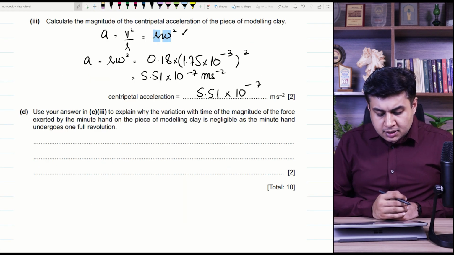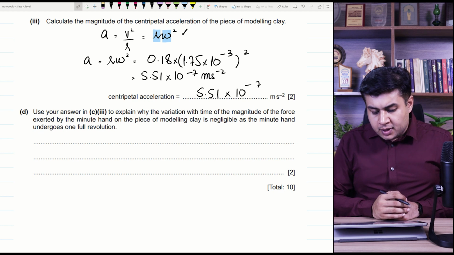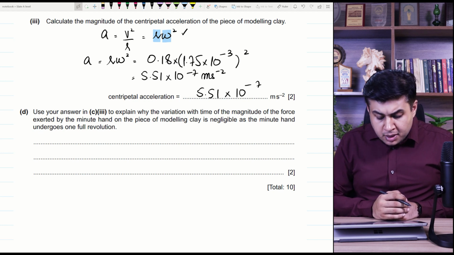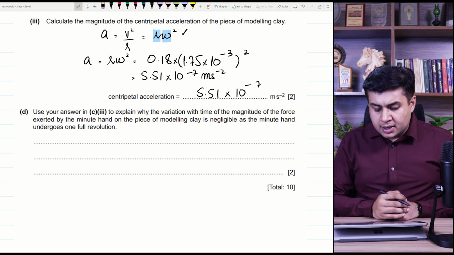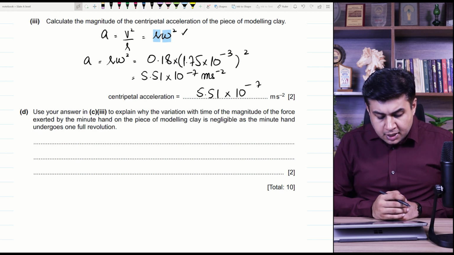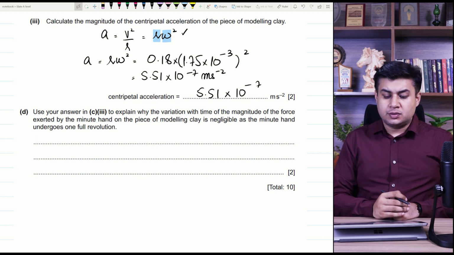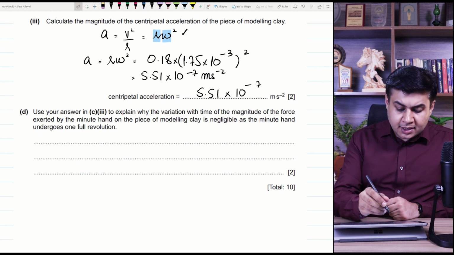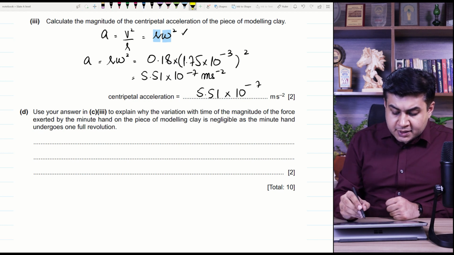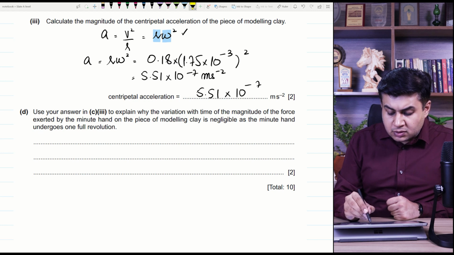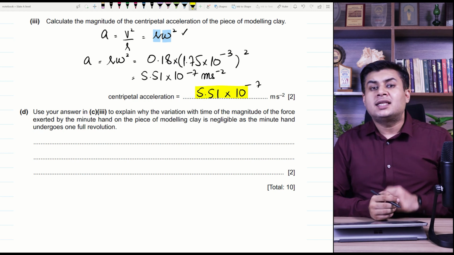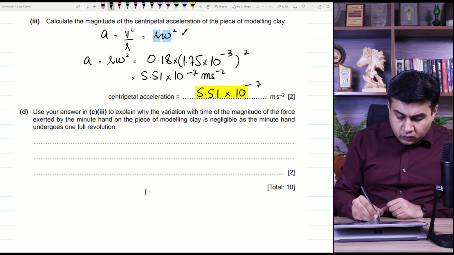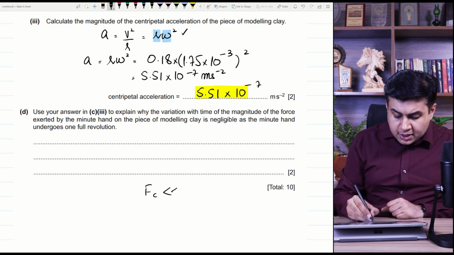Use your answer in C3 to explain why the variation with time of the magnitude of force exerted by minute hand on the piece of modeling clay is negligible as the minute hand undergoes full revolution, right? So why this force is negligible? So बच्चों याद रखिएगा, the magnitude of centripetal force is very small because centripetal acceleration की value बहुत कम आ रही है, right? So centripetal force is much smaller than its weight.